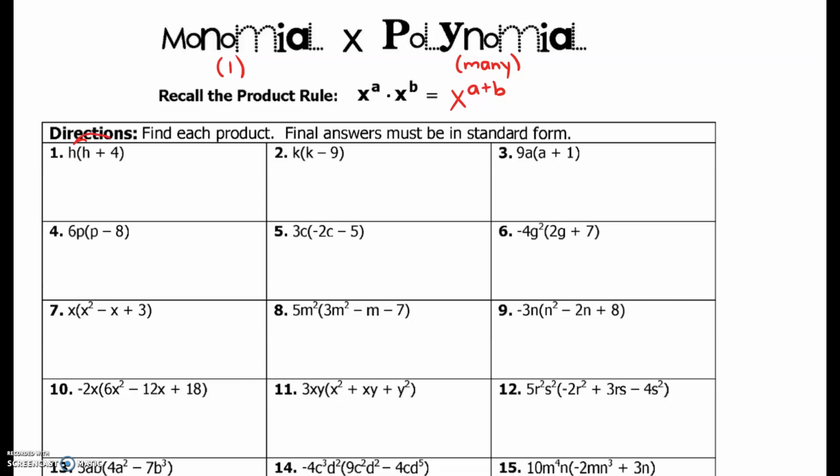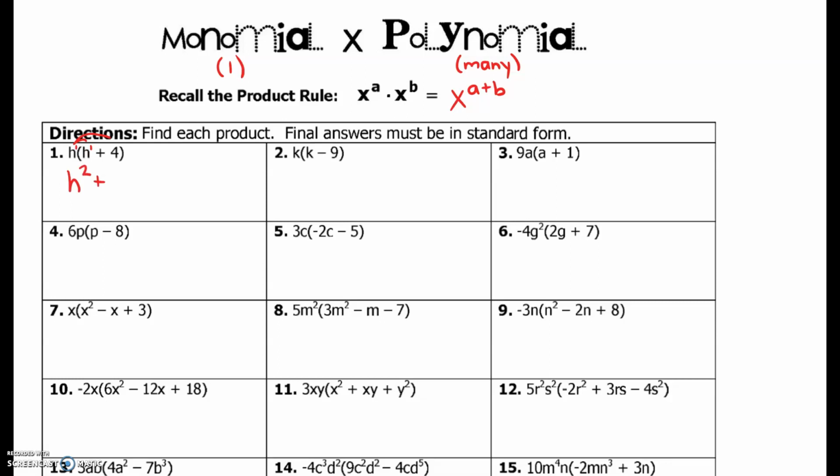So you have a monomial, one term, h, times a polynomial, many, h plus 4. So we multiply this h by each term in the parentheses, h times h. Remember there's a 1 with each of these. So when you add that, you end up with h to the second power.